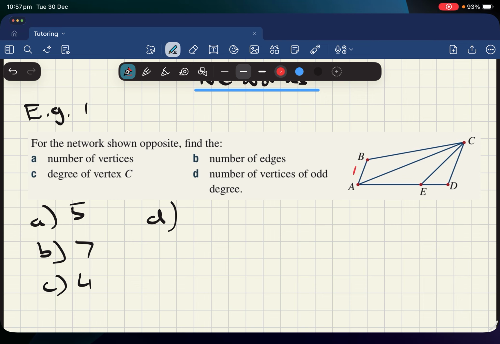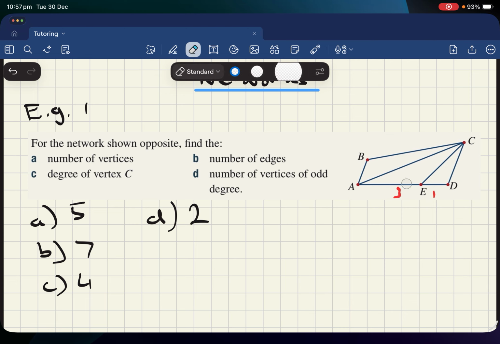A, however, connects to 1, 2, 3. So that's our first vertex which has an odd degree. You can see as well that vertex E has 1, 2, and 3 connections. So E has an odd degree and D has an even degree. It only has 1 and 2 connections. So the number of vertices of odd degree is just 2.